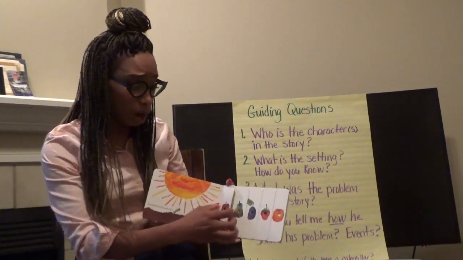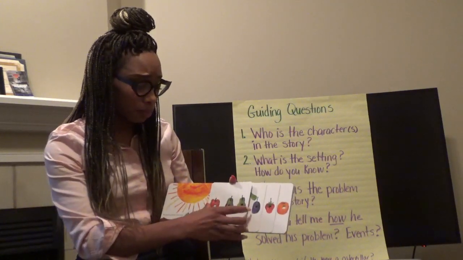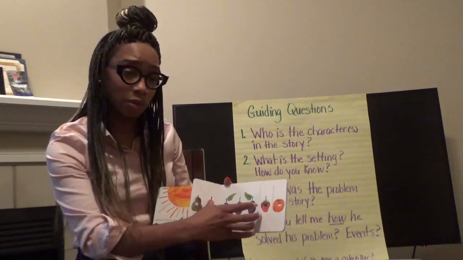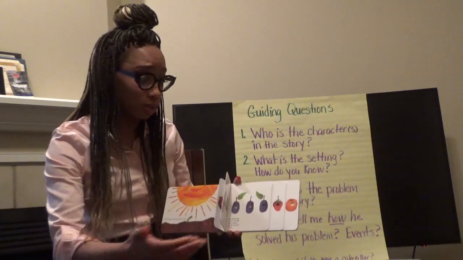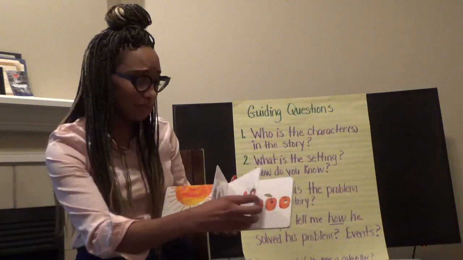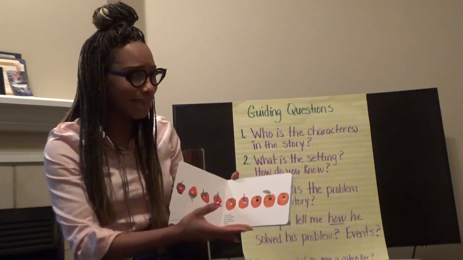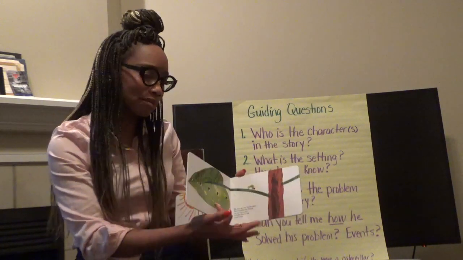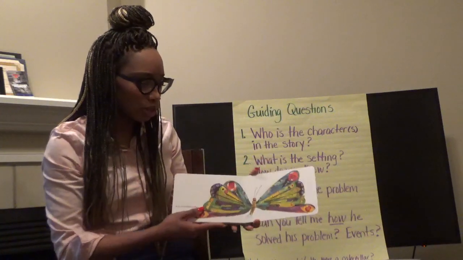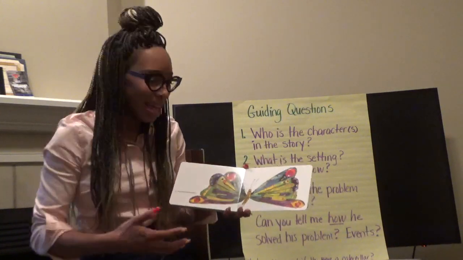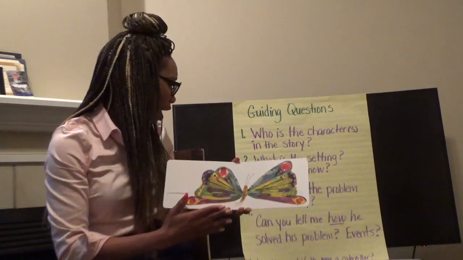But eventually we know if he didn't have any food, that would be the end result. He could have possibly died along the way. But luckily, he was able to get some food, get full, and turn into a beautiful butterfly.